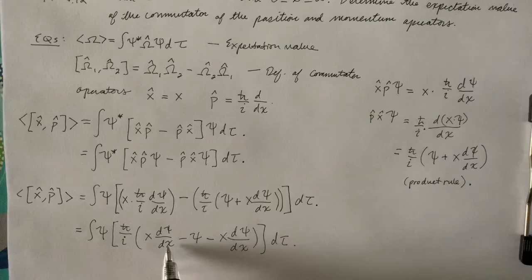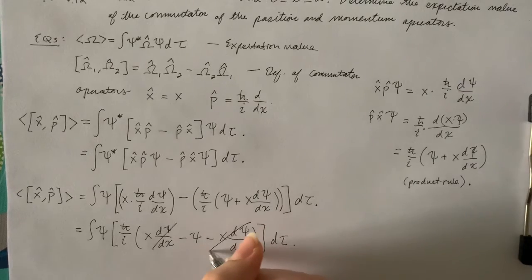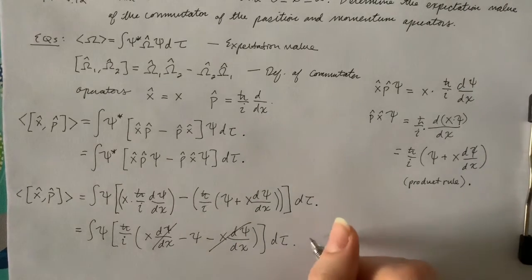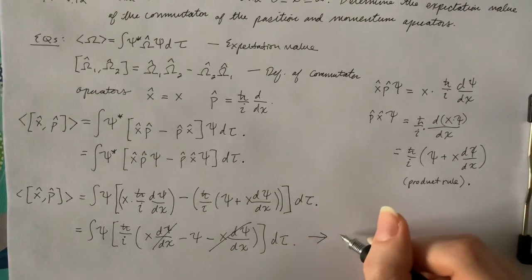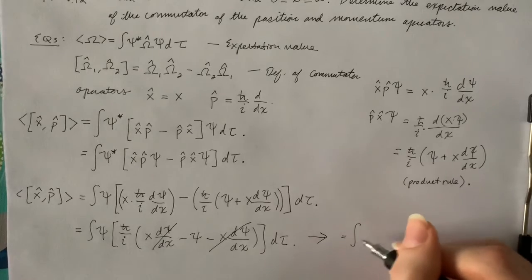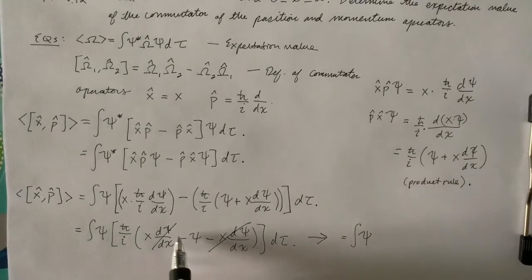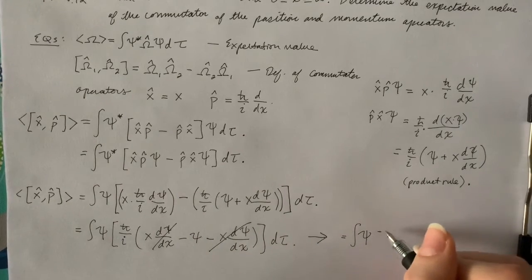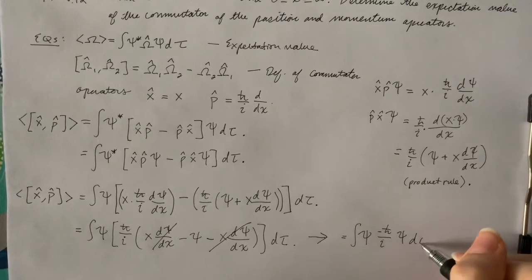So as we can see here, these x d psi over dx values cancel each other out, and what we're left with when we continue to simplify is the integral of psi. We just pull this negative out, so we get minus h bar over i psi d tau.